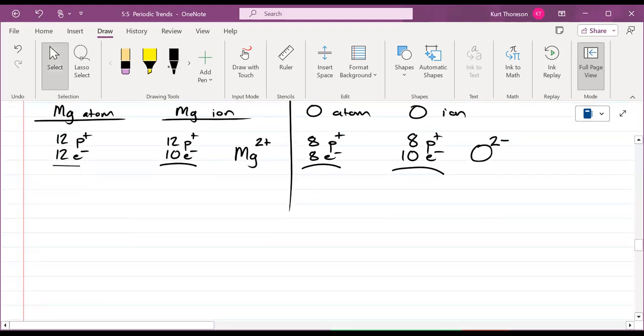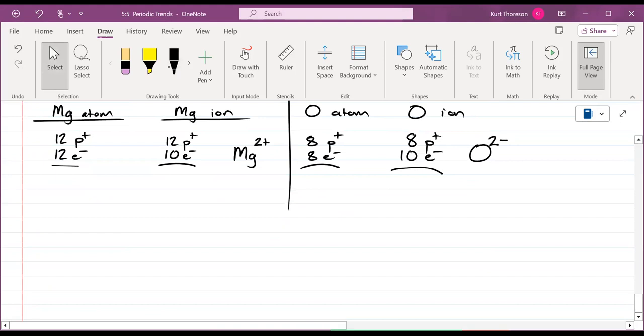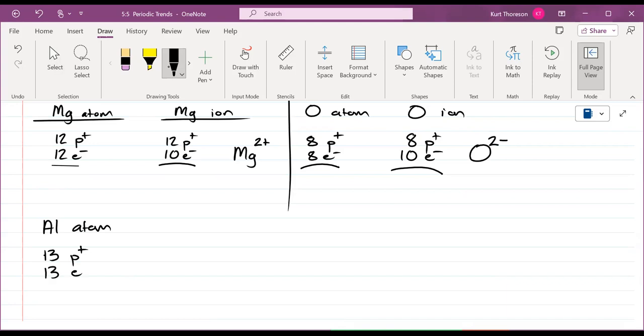Okay, let's do another. Chris, what is aluminum's atomic number? 13. How many protons does it have? So how many electrons does it have? Okay. Let's look at the ion now. How many protons does it have, Chris?